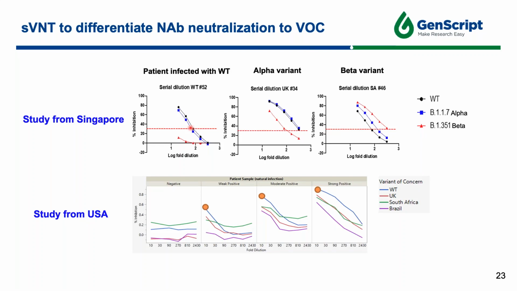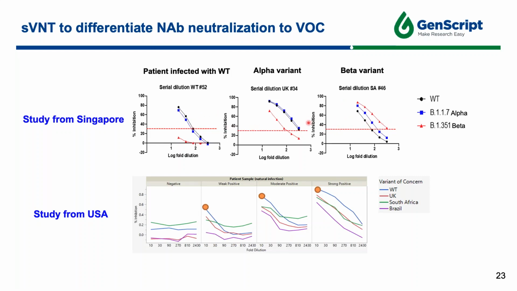But the SVNT is able to differentiate the neutralization against different variants, and you can potentially also differentiate which variant the patient is infected with. So yes, you have the potential to differentiate, as shown in this data here.